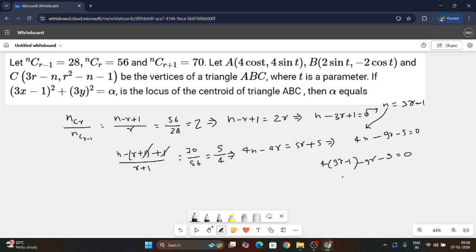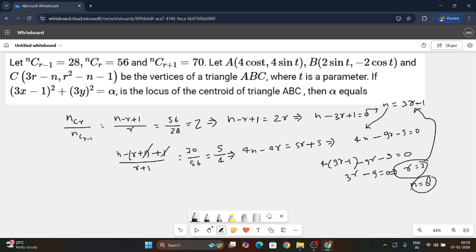This is 12r minus 9r, which is 3r, and minus 4 minus 5 is minus 9, equal to 0. So r equal to 3. Put this r here: 3 times 3 is 9, 9 minus 1 is 8, so n is equal to 8. So r is equal to 3 and n is equal to 8. I'll keep this in mind.